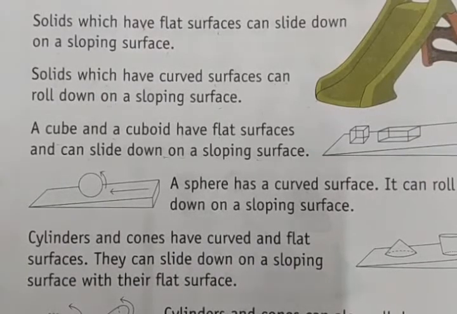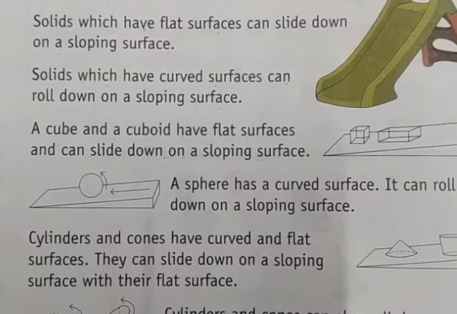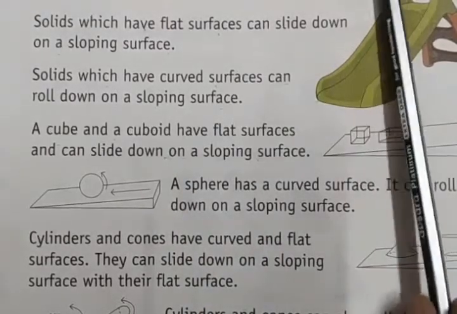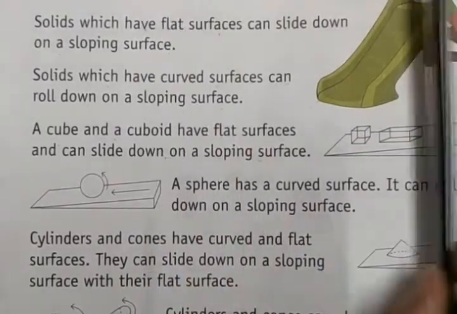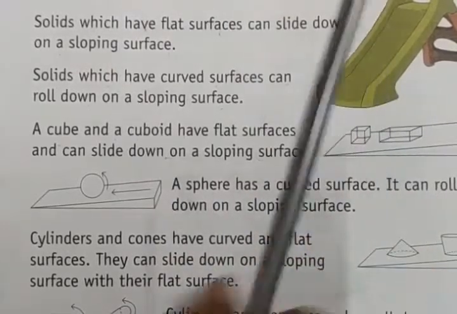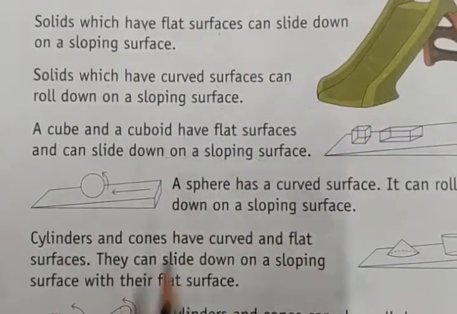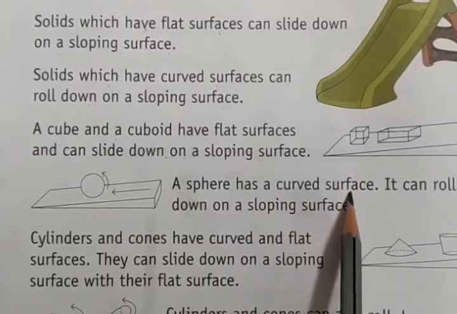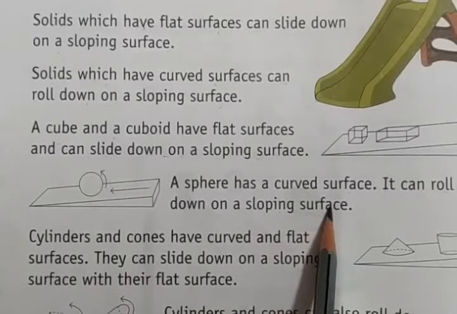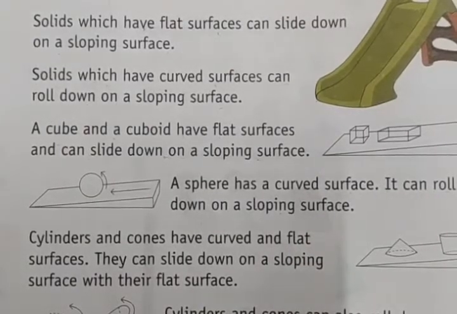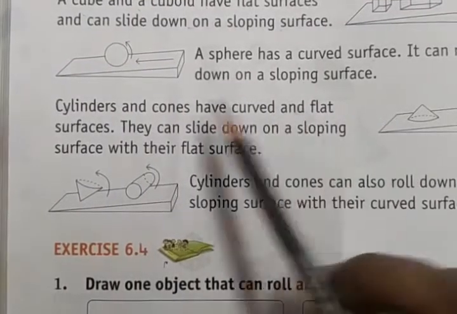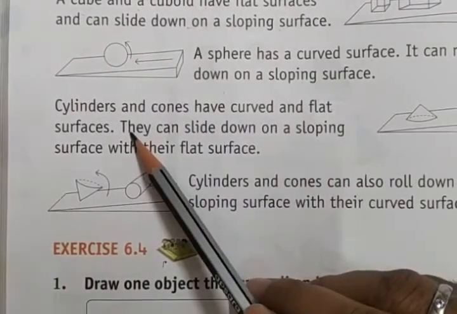Whereas a ball can only roll. Sorry, for example, this is sliding, but any marble can't slide, it can only be rolled. A sphere has a curved surface. It can roll down on a sloping surface. A cylinder and a cone have curved and flat surfaces.